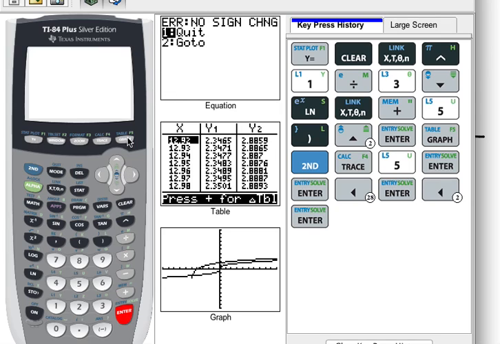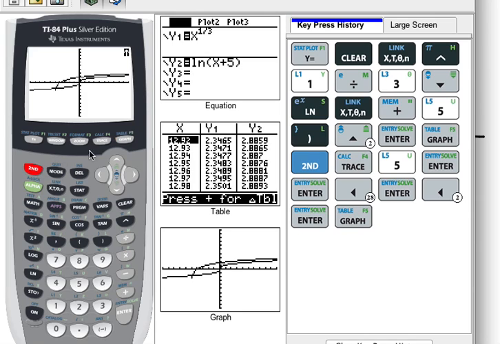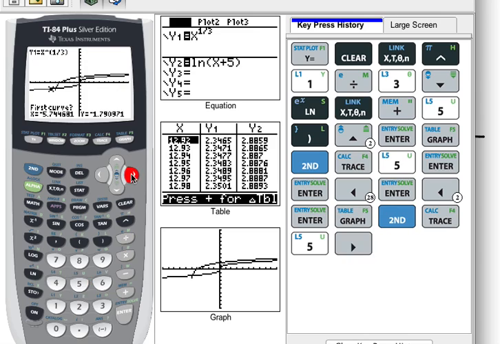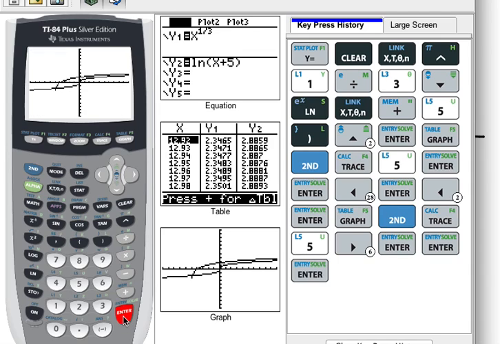My calculator freaked out. Okay, let's go back to this. Second trace, intersect. Somewhere around there. Let's see if that works. Perfect. There we go. Second curve. And our guess. Cool. All right. So there's my intersection. So the solution to this system is that x equals negative 4.815. So that's what we should expect for our x solution.